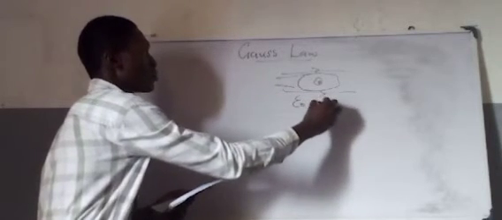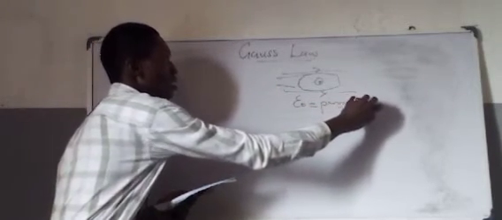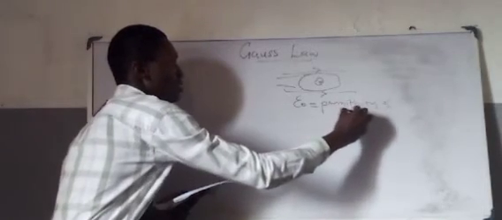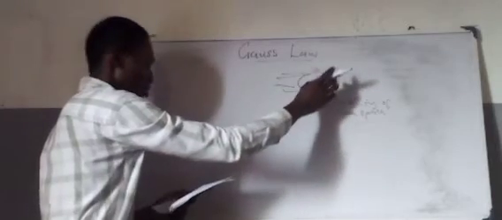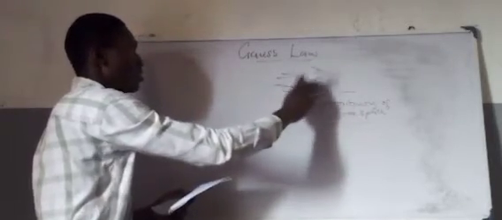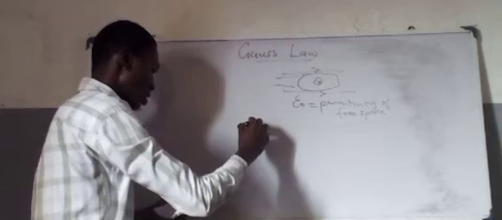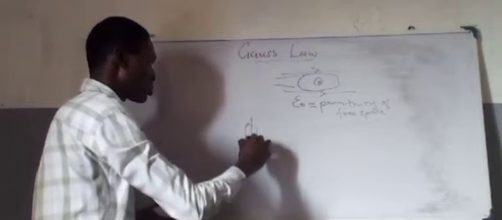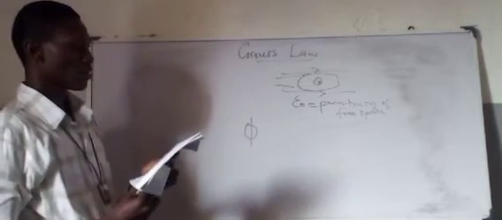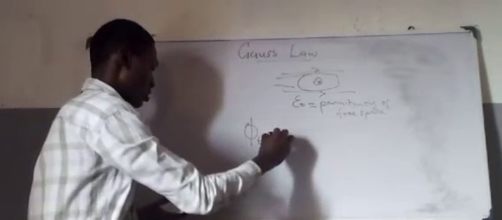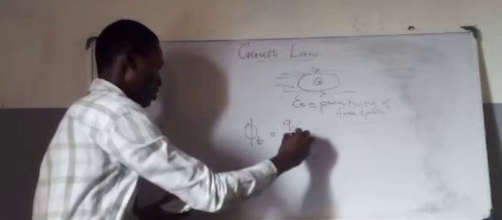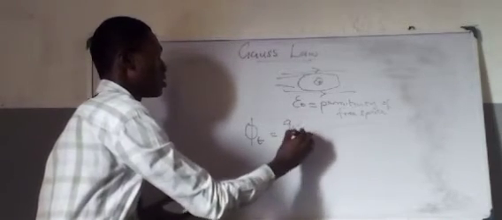We know epsilon naught to be the permittivity of free space. So if we have a charge enclosed in a surface, and then we have electric lines of force just crossing the surface, we say that the electric flux is the charge divided by the permittivity of free space.